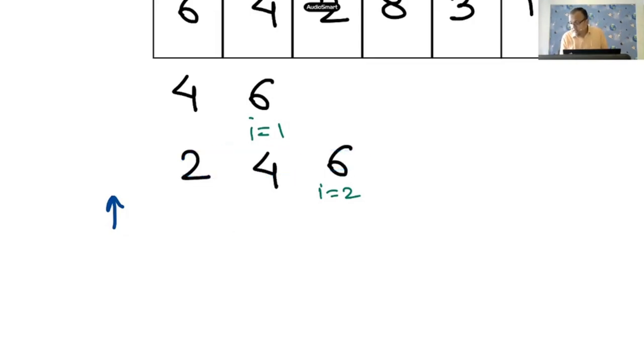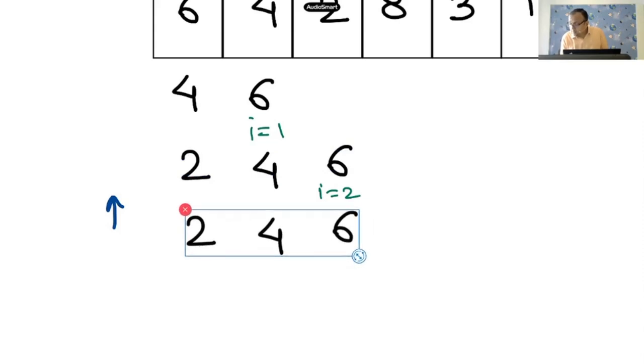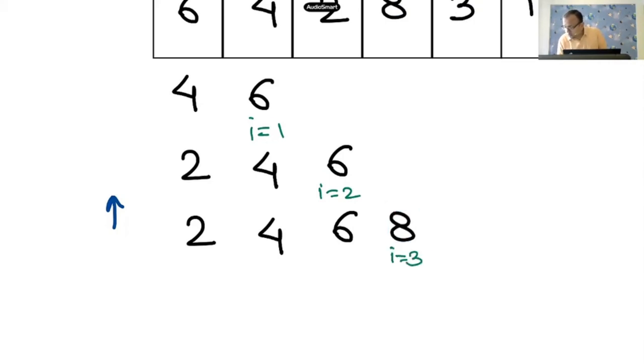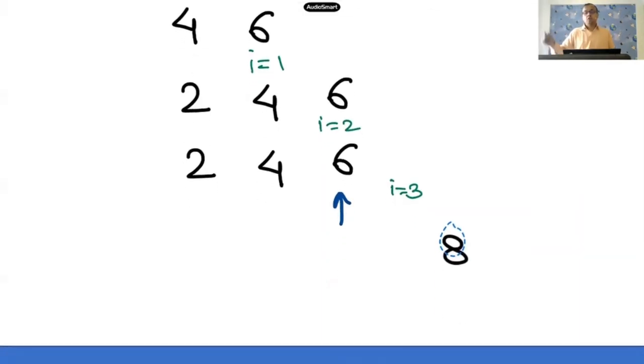Let us consider the array is of 4 elements. If you consider array of 4 elements, the 4th element was nothing but 8, and I is equal to 3 over there, and you start comparing. Again, you take one element out, you compare with all elements before that.